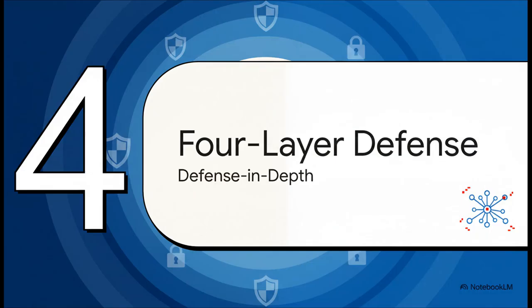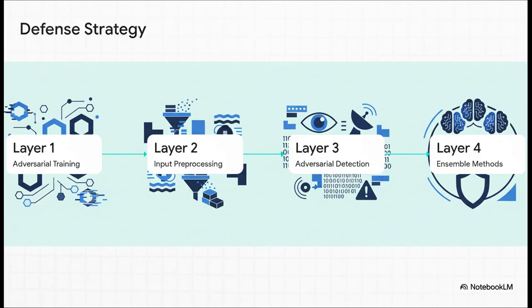So what does this new playbook actually look like? Well, it's not about searching for a single silver bullet solution. The answer, as it so often is in security, is all about defense in depth. A truly robust strategy has 4 key layers. The first is adversarial training. You're basically vaccinating your model by showing it these tricky attack examples during its training. The second layer is input preprocessing.